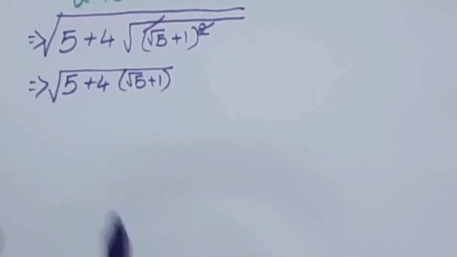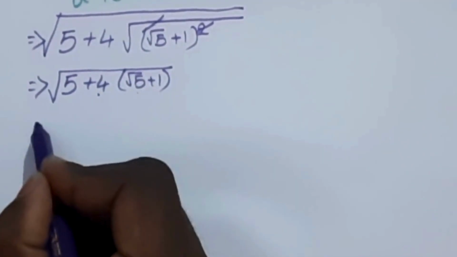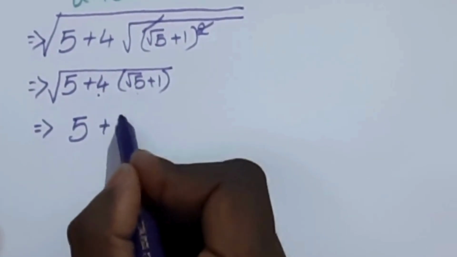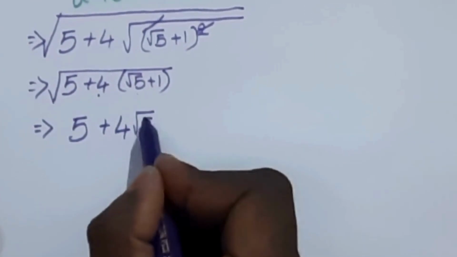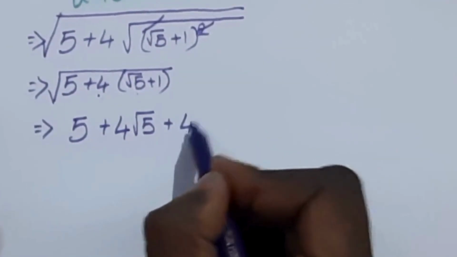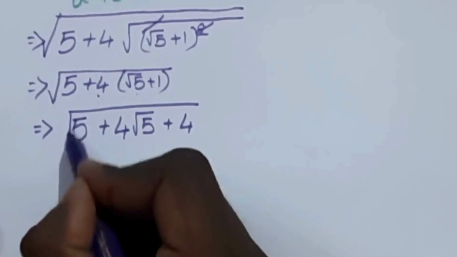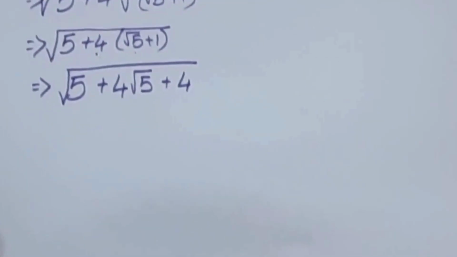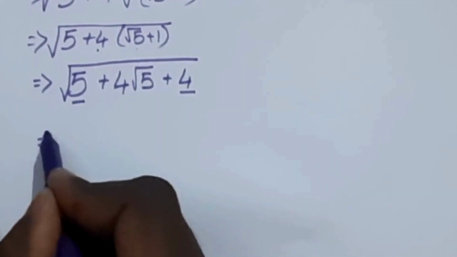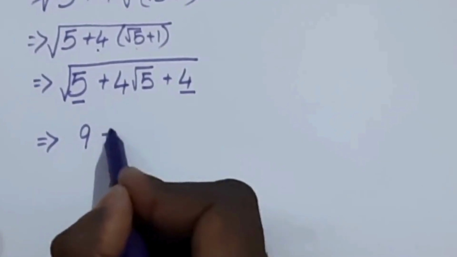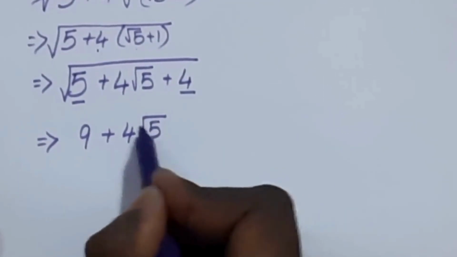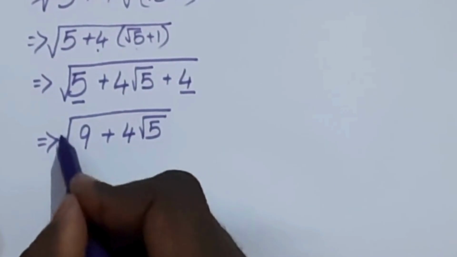Now we are going to multiply this 4 here. So we'll get 5 plus 4 times square root of 5 plus this is multiplying here, so 4, in whole square root. Now this 5 and this 4 is 9 plus 4 times square root of 5 in whole square root.